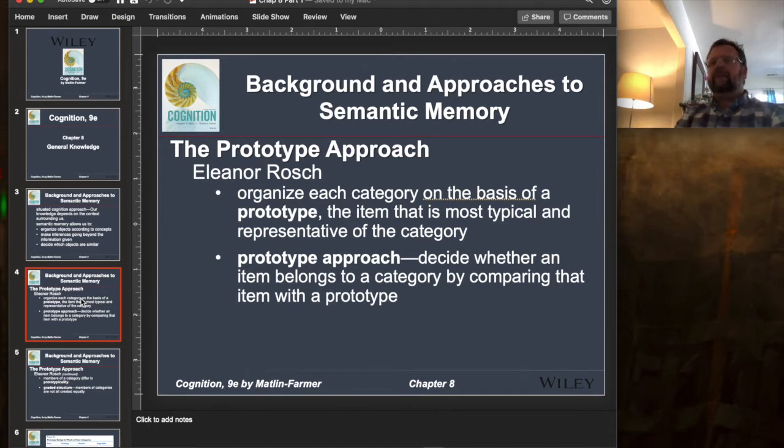An exemplar is an example of something, and it's the best example we have of that category. The prototype approach is more abstract and cognitive, meaning that we have an idealized representation that is going to be very similar to things we have in the world, but it's more of an idealized version of those things.